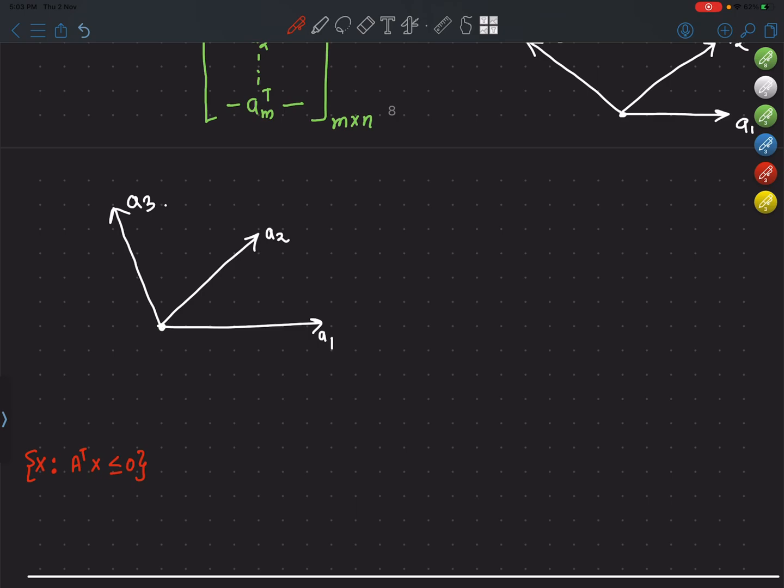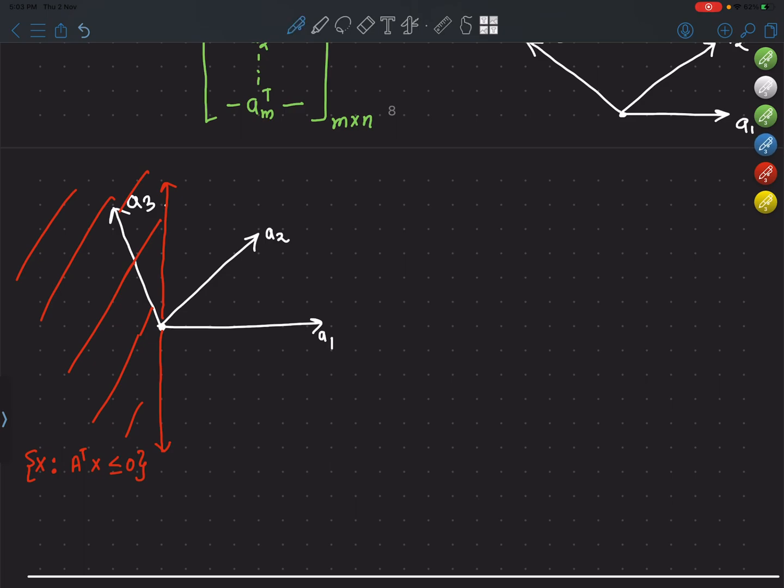So how will we find that? Everything between this line and this line will form an obtuse angle with a1.